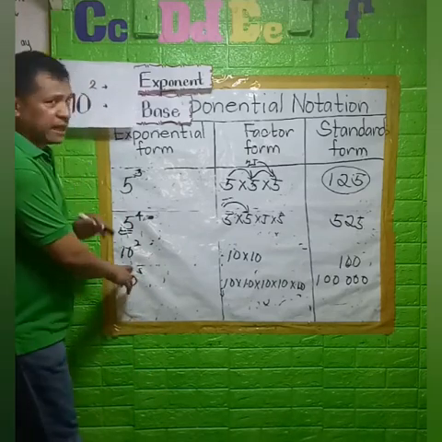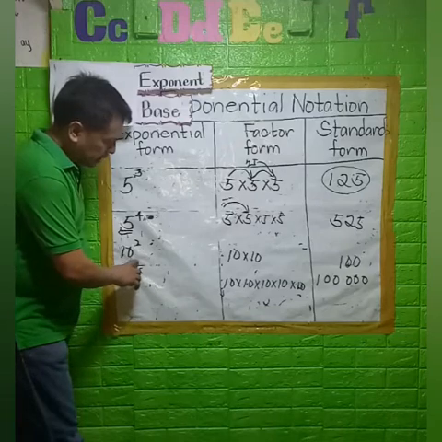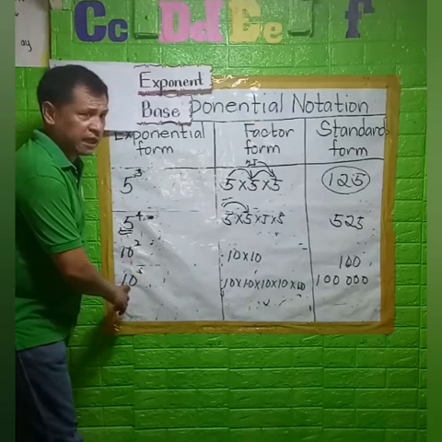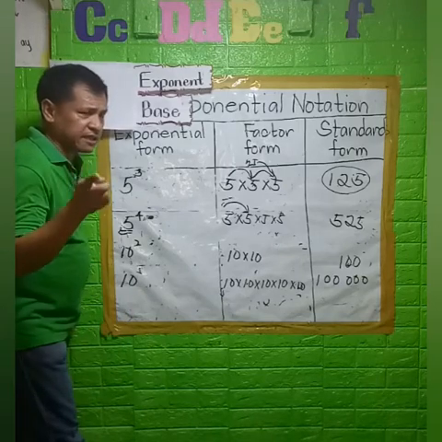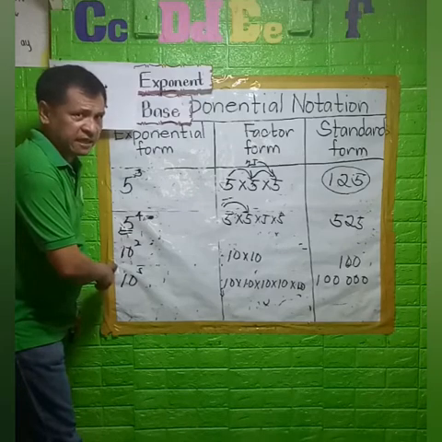Gaya ng aking nabanggit kanina, yun pong ating exponent, yun po yung magdi-determine kung ilan ang zeros na ating gagamitin, if we are using 10 as our base. Okay?